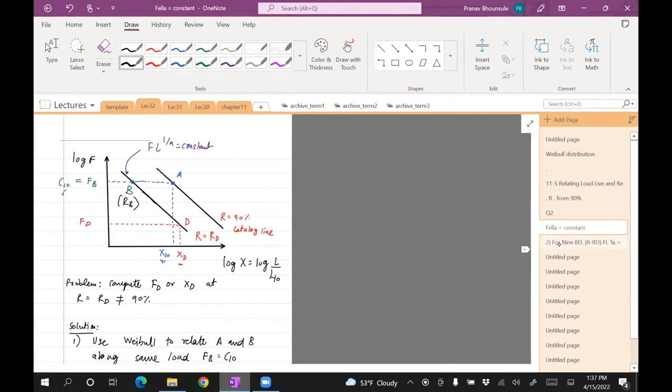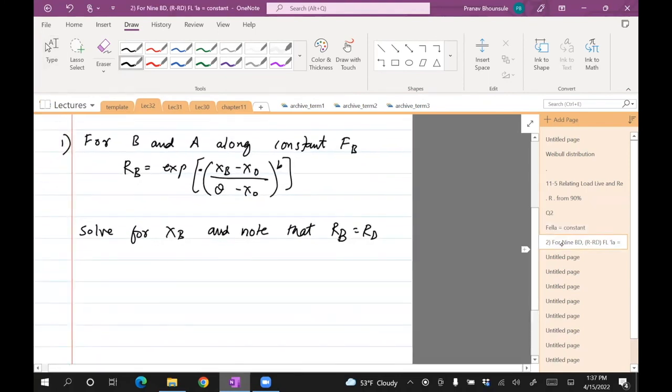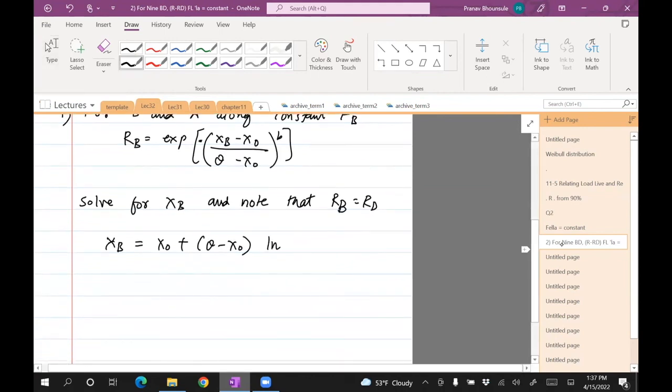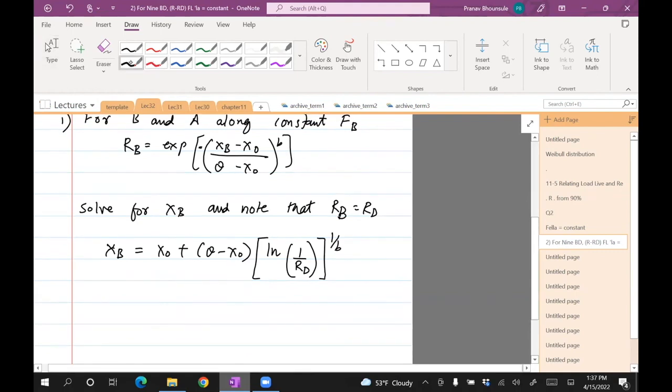So we just put RB equals RD and get XB equals X0 plus theta minus X0 times 1 divided by RD raised to 1 over B. This is our equation 2.